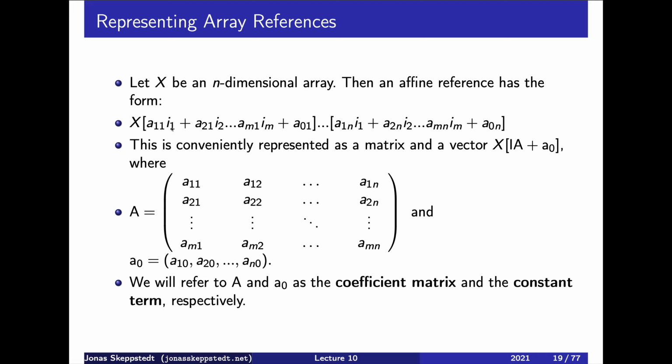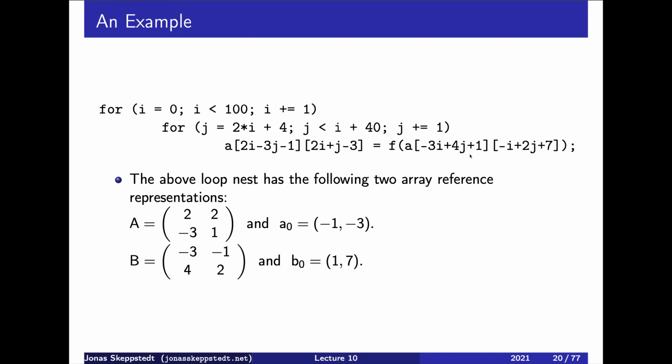So if this is the reference with different dimensions, then we can represent this as the matrix as shown here, namely the first here is the first column, etc. And the matrix is called the coefficient matrix, and the vector is the constant term. Okay, now we have an example, and it just shows, so for instance 2 and 3, it's these two.